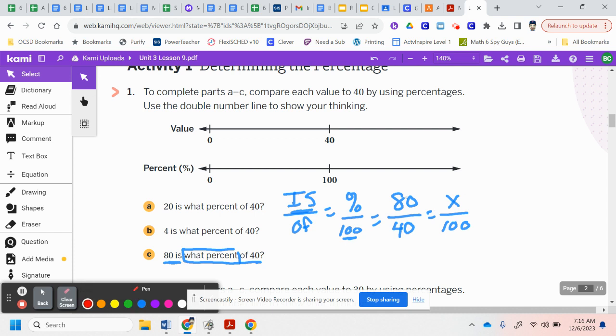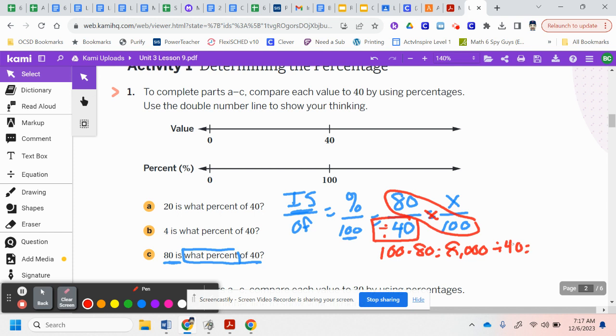So then I cross multiply. I take 100 times 80, which is 8,000. And I divide that by the only number I have left, which is 40.